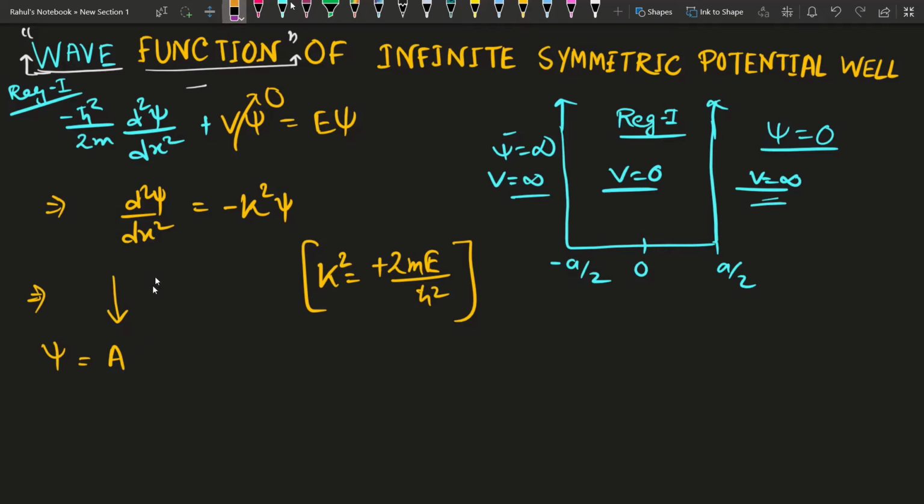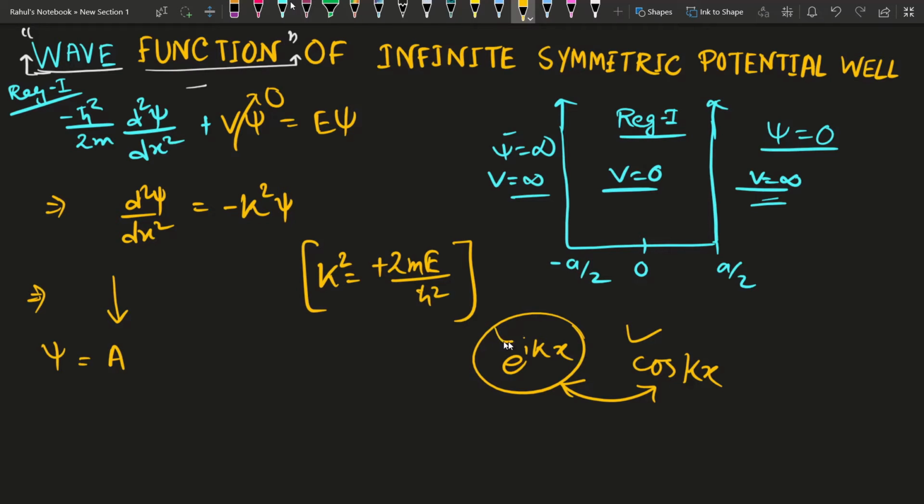So how can you determine when to use e to the power ikx, this type of terms, and when to use cos kx? These two things are equivalent, but you can see in books that in some cases they have used this form, in some cases they have used that form.